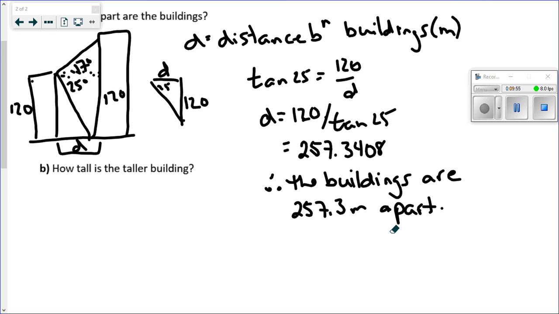Okay, now up until now, we have never had a question that's required us to build on what we already know. But in this case, we need that 257.